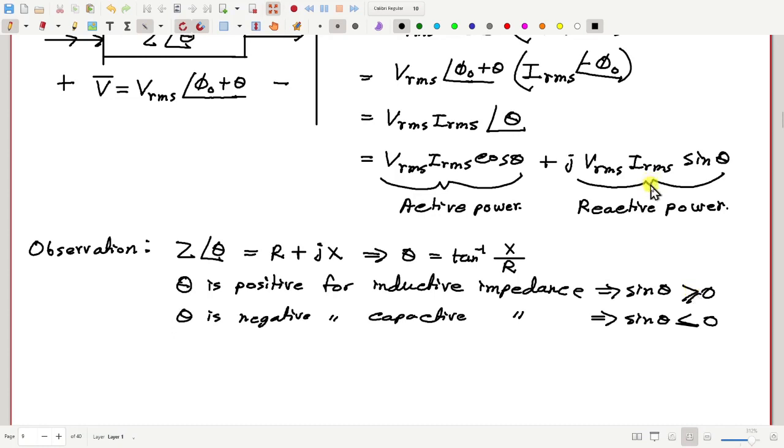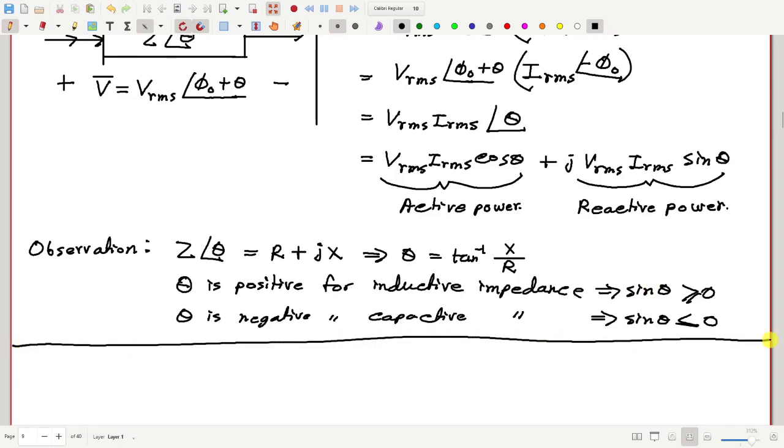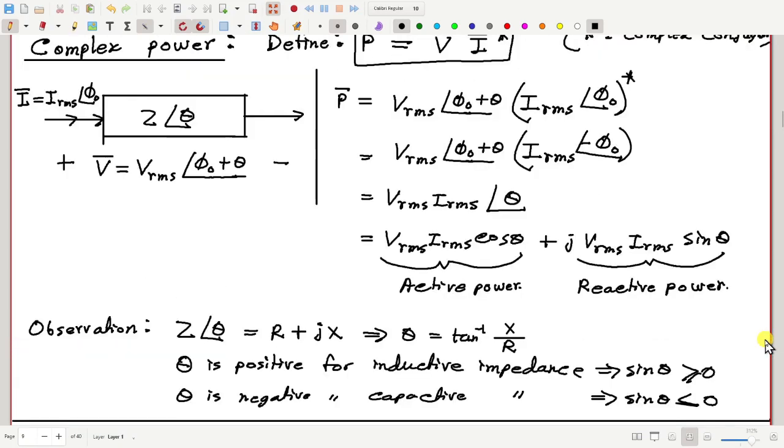Only in mathematical notation the sign of this number will be positive or negative. That's what I mean. So the observation here is that the reactive power consumed by an inductor and that by a capacitor are opposite in sign. This you keep in mind.